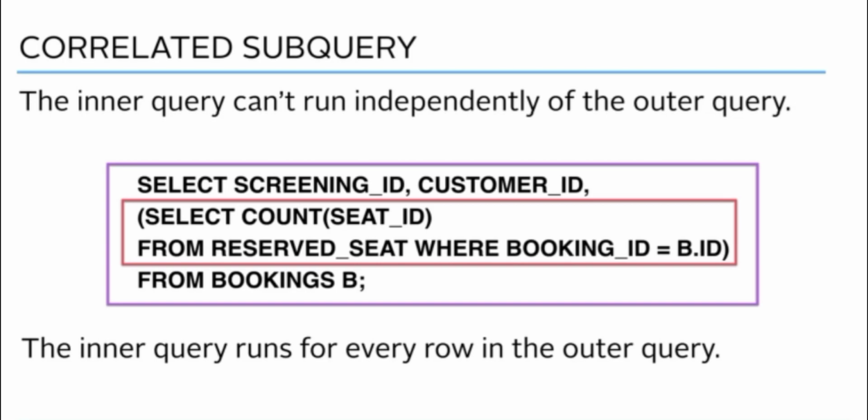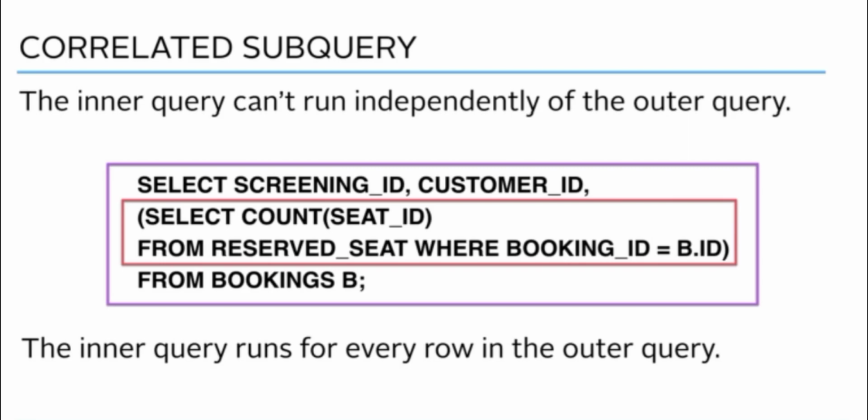So we're selecting two columns from the bookings table in the outer query, and then in the inner query we're saying select count(seat_id) from the reserved_seat table where booking_id is equal to b.id. So we're referring to the bookings table in the outer query within our inner query. If we run this inner query independently of the outer query, it's going to return an error because it's not going to know what b.id is, because b.id only makes sense if we've got the outer query.